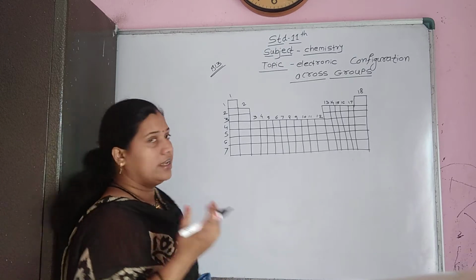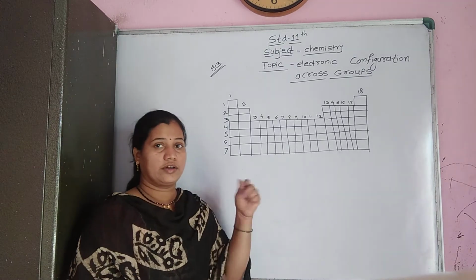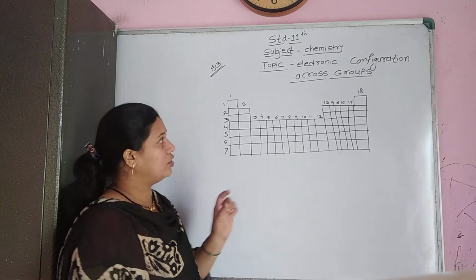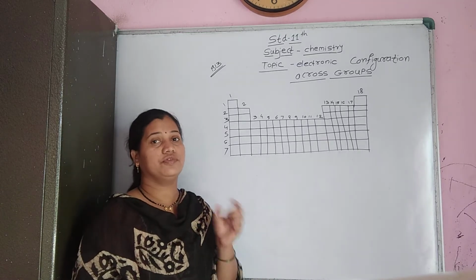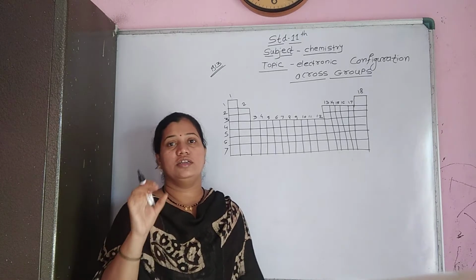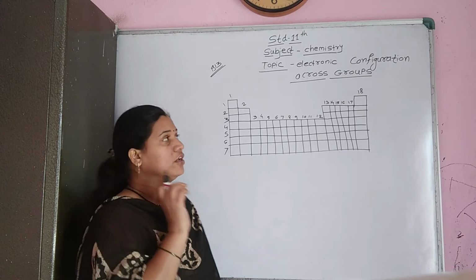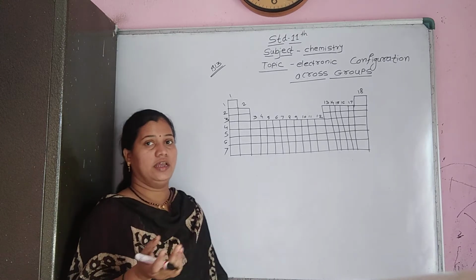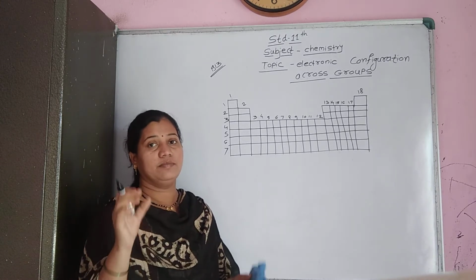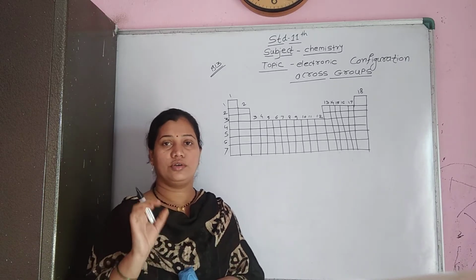When we observe the electronic configuration of the elements across the groups, we find that there is a repetition or regularity in the last or outermost shell electronic configuration. From this repetition we find one general electronic configuration.